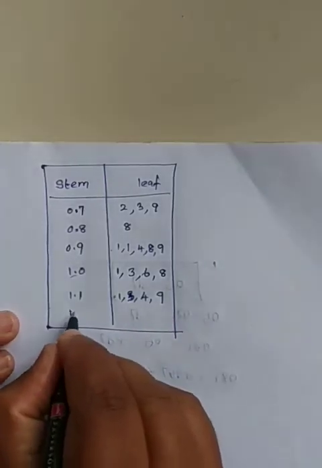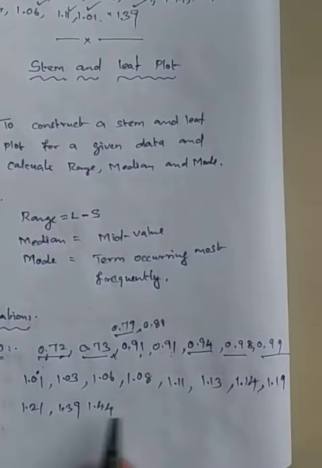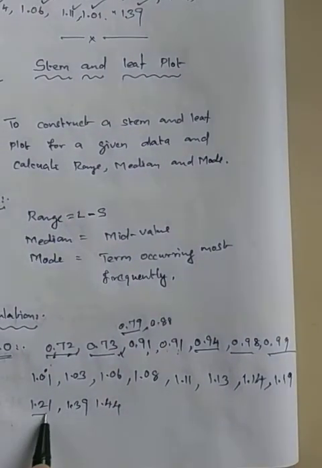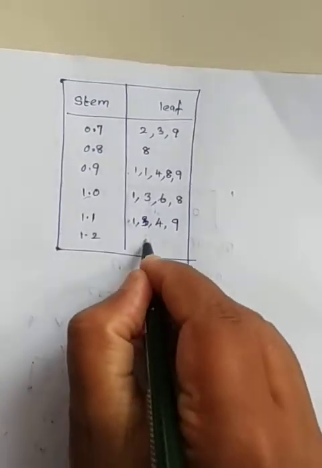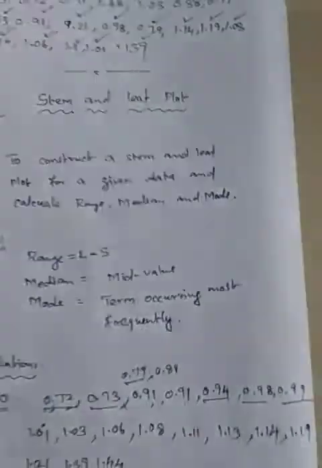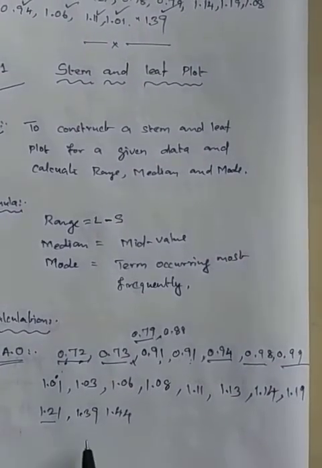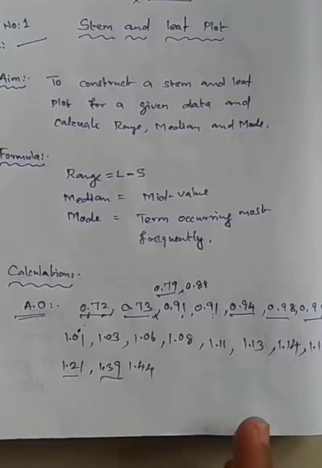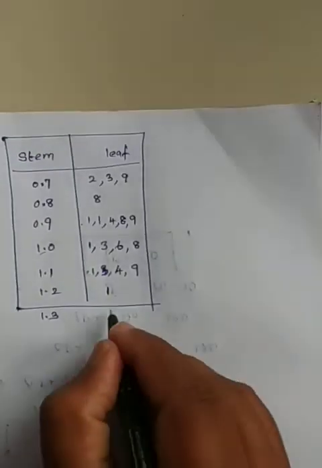The next one is 1.2. In 1.2, 1 is there. Next we have 1.3. In 1.3, only 9 is there, so that's why you write 9.